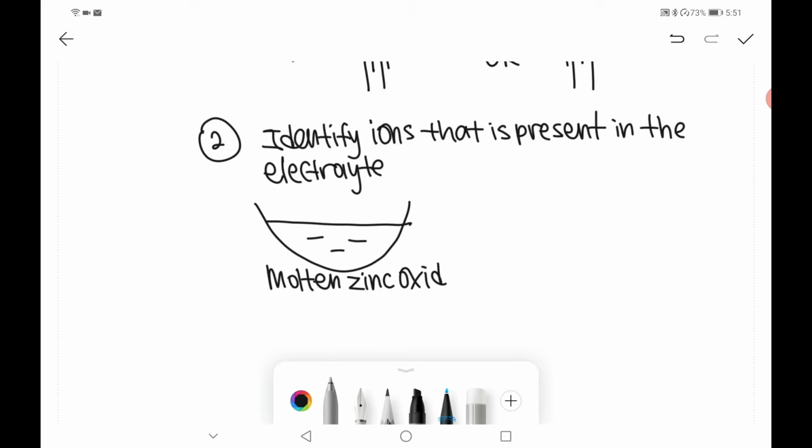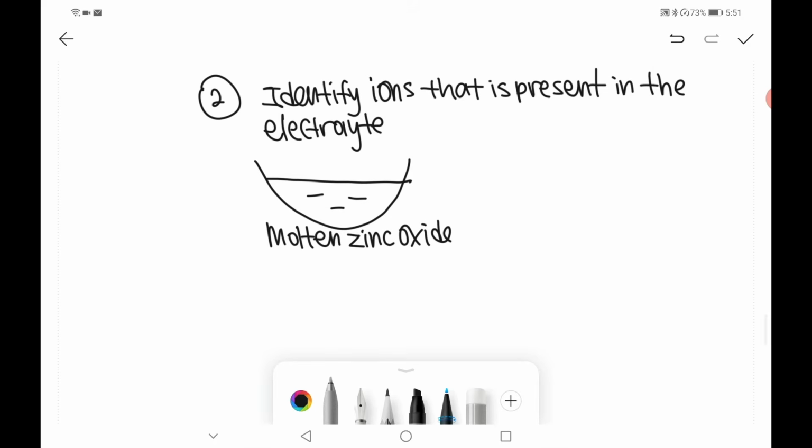You must know what ions you have inside the molten zinc oxide. Ion means the charge. Zinc is Zn2+. Oxide is O2-. So we have Zn2+ and O2- inside the molten zinc oxide.